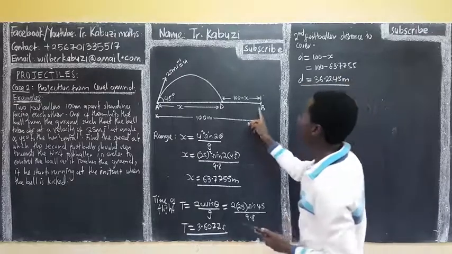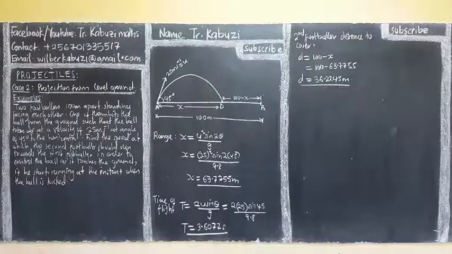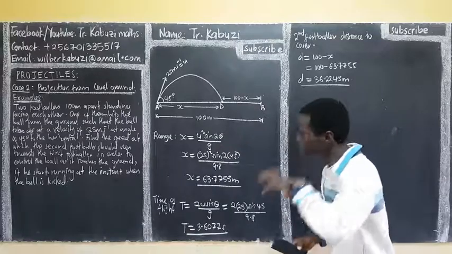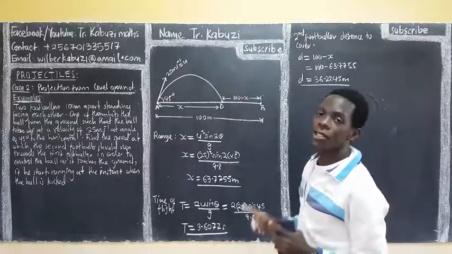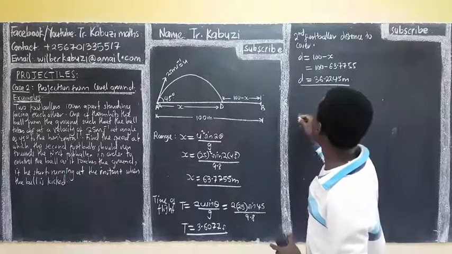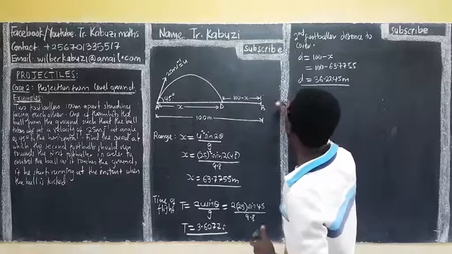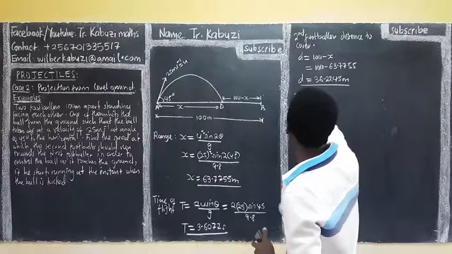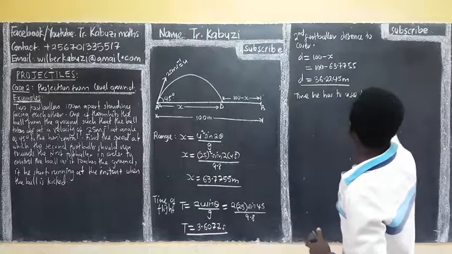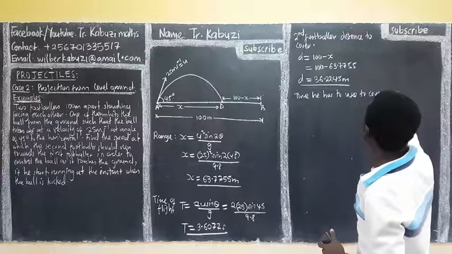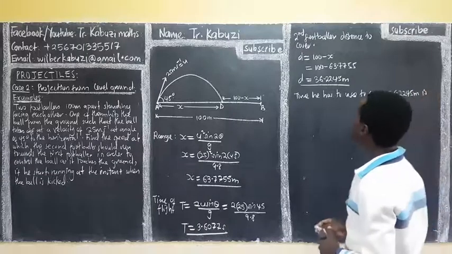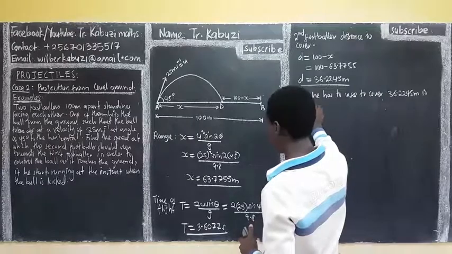This man has to cover this distance, and because he has to reach at the same time when the ball is arriving, so that he can control it as soon as it touches the ground, he has to use the same time the ball uses. So the time he has to use to cover 36.2245 meters is t equaling 3.6077 seconds.